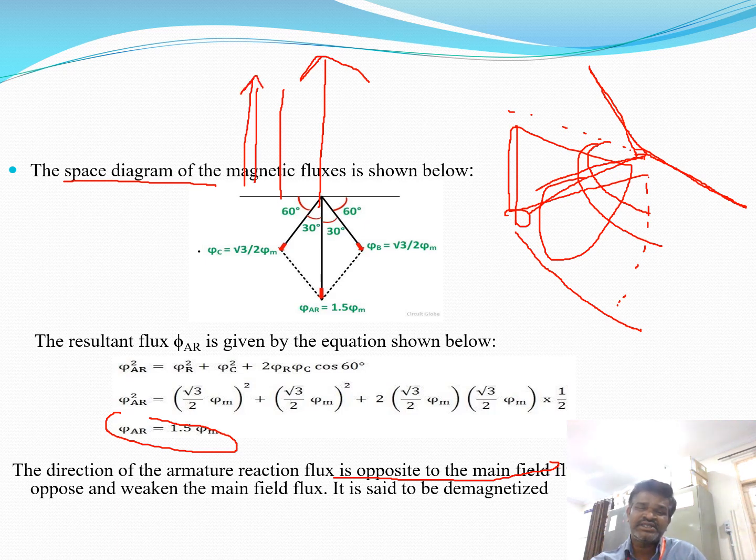These two fluxes are completely in opposite directions. So the resultant is decreasing. This type of effect we call demagnetization effect.